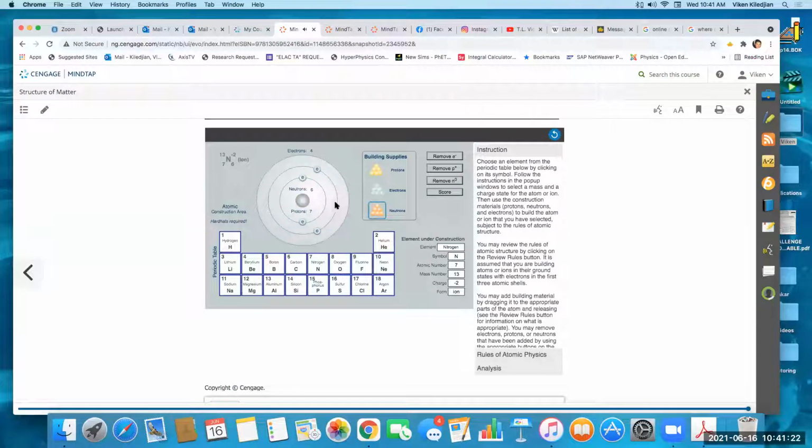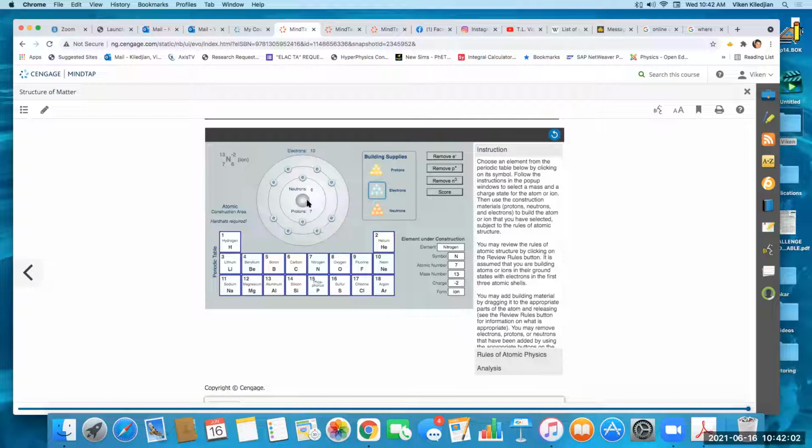Then electrons, I need, if it's 7 protons, I need 9 electrons, right? So 1, 2, 3, 4, 5, 6, 7, 8, 9, 10. And if you try to put one more, I don't think it should allow it. Level is full. So you could go 10 right there.